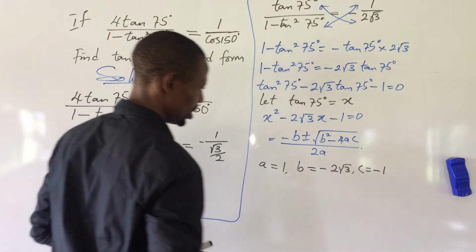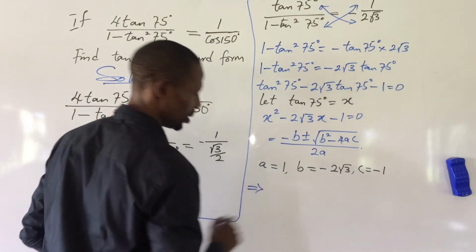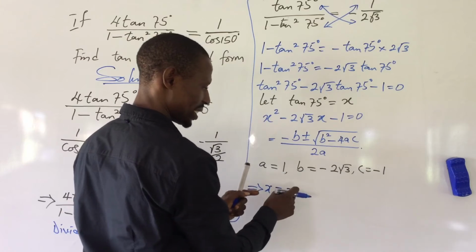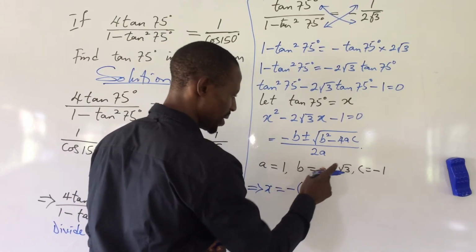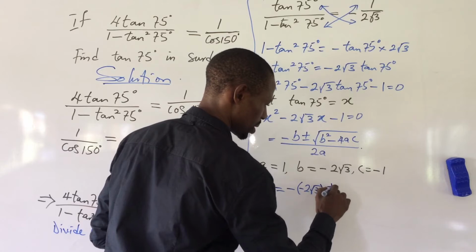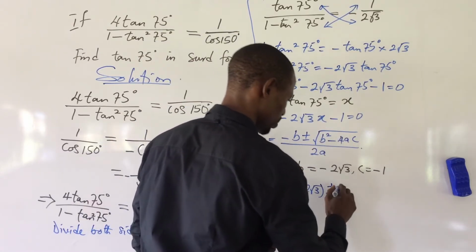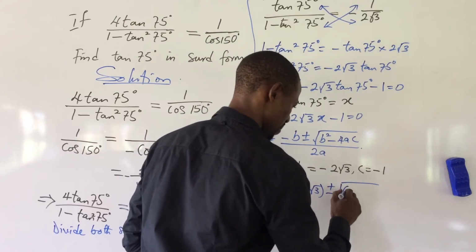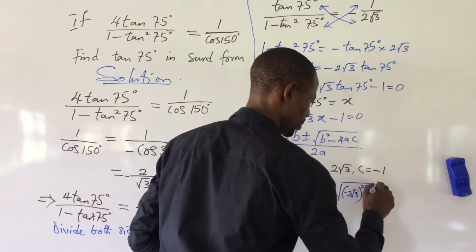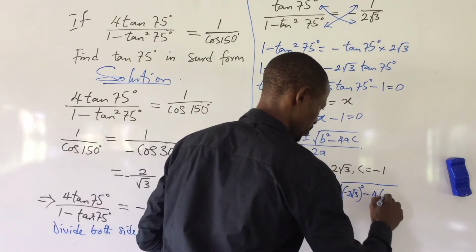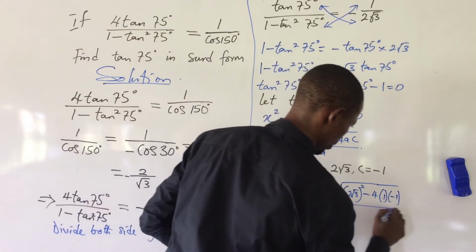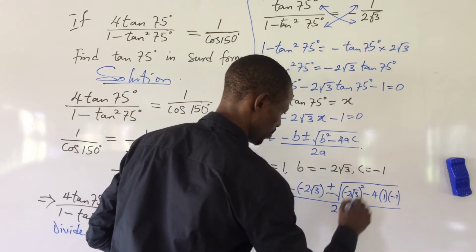Very easy. So this now implies our x will now be equal to minus b, which is minus, minus 2 root 3, close the bracket, plus or minus the square root of b squared, which is minus 2 root 3 all squared, minus 4 times a, which is plus 1, and c, which is minus 1, all over 2 times plus 1.